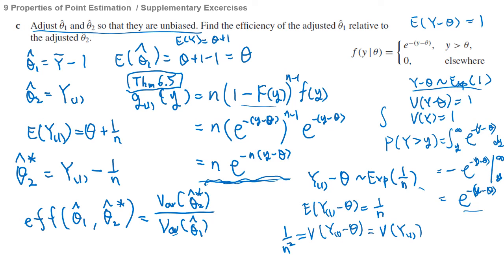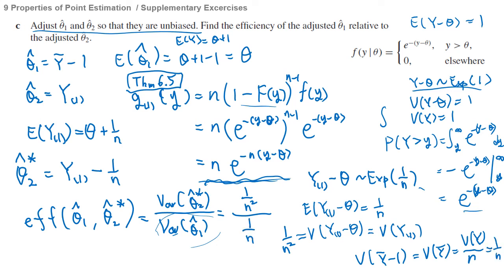Okay, and so from here you can check that the lower part is 1 over n square, and for this part we want to calculate the variance of y bar minus 1, and actually this is the variance of y bar, which is the variance of y over n, and the variance of y is 1, so this is 1 over n.